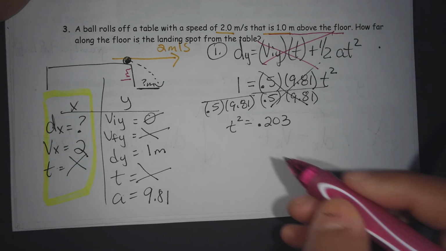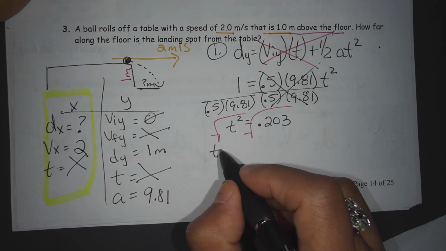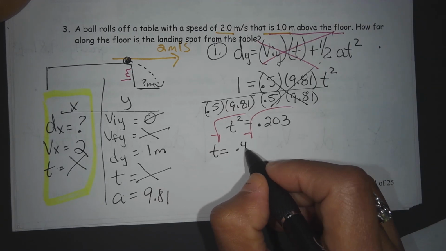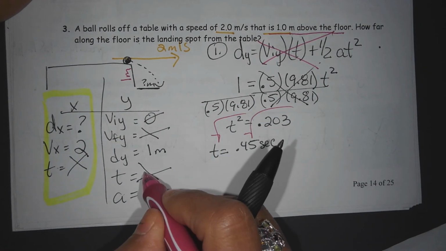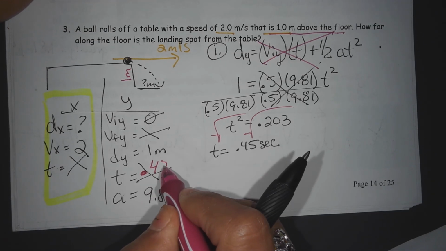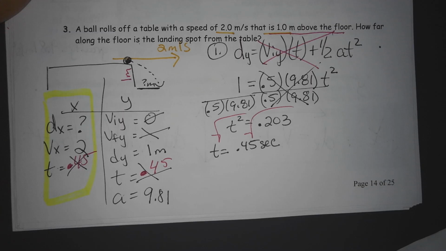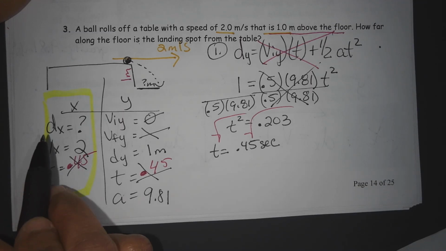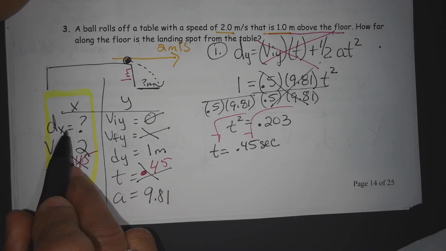So I've got to square root it to figure out what t is. 0.45 seconds, not even my answer. I'm going to put it over here. Now I can solve for the distance of where it's going to land on the floor.